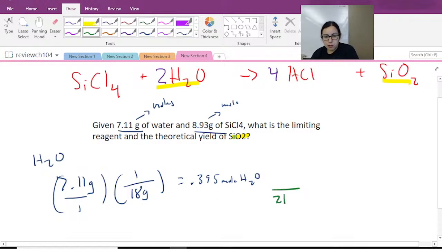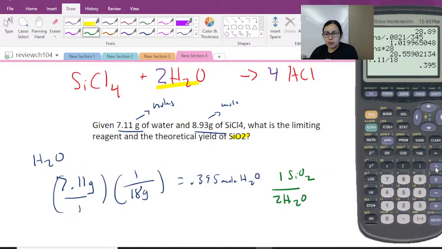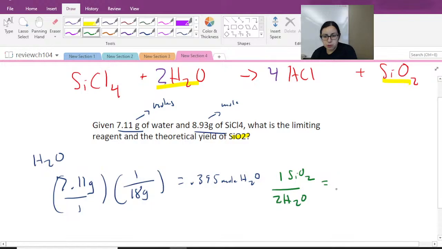So again, for every 2 moles of water, we have 1 of silicon dioxide. And so we can leave it in molar amounts for now. And so this is divided by 2. So then it looks like we have 0.1975 moles of product for the first one.